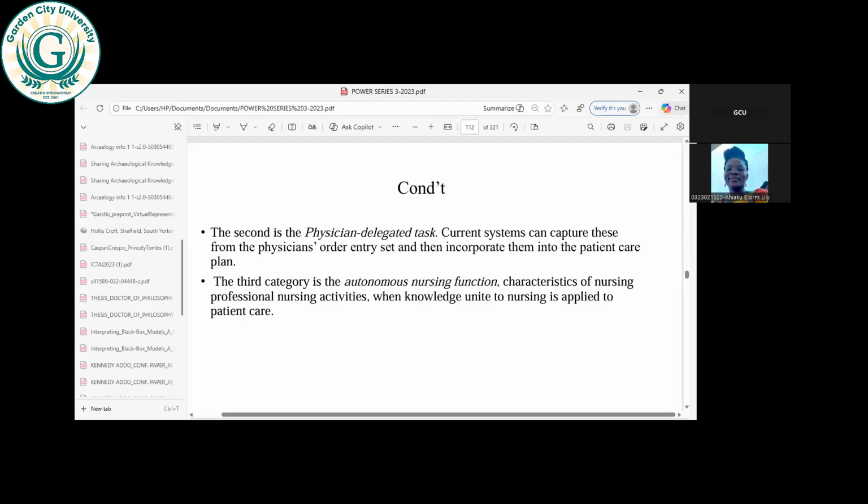Sometimes too, we can function without them. An example is wound dressing. We can dress wounds without doctors. Let's say doctors give us the order, you know you have to dress it, so you dress it. But most of the times too, they delegate it to us before we do it. So it's overlapping. Okay, overlapping roles.